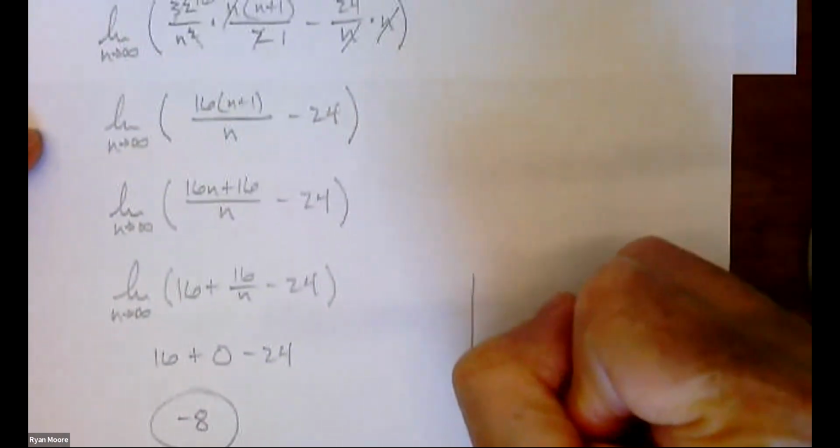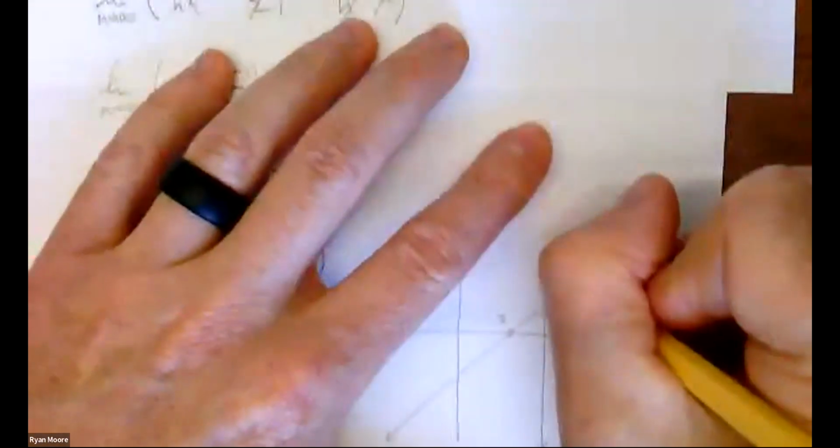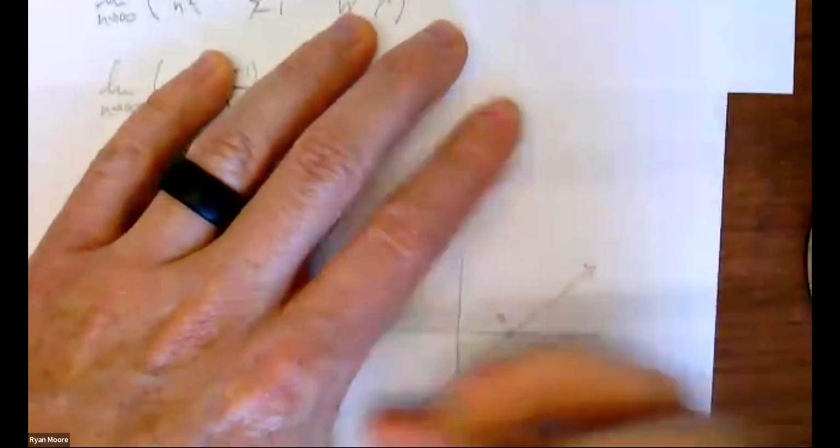Let me sketch it out. Maybe a little bit easier to see this way anyway. So the line comes up, something like that. It passes through 2. Out here was 3.